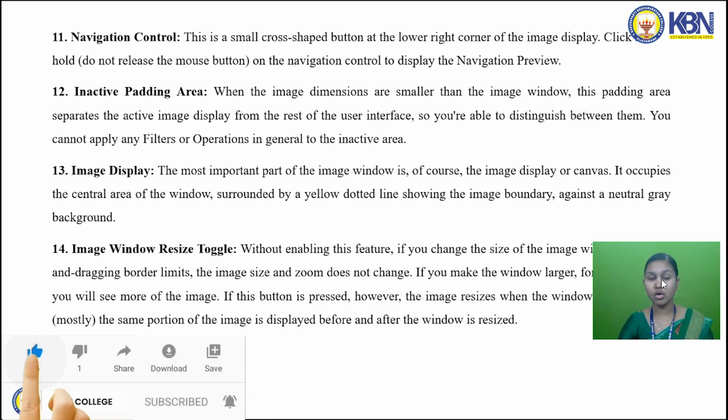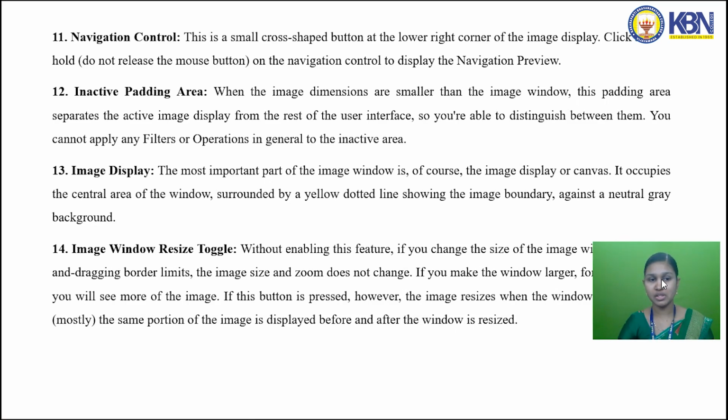Now what is the window resize toggle? What is the image window resize toggle? It means you can resize but only up to a particular limit. Overall the image zoom does not change. Whatever the image resizing, the image should be resized to a particular value only.